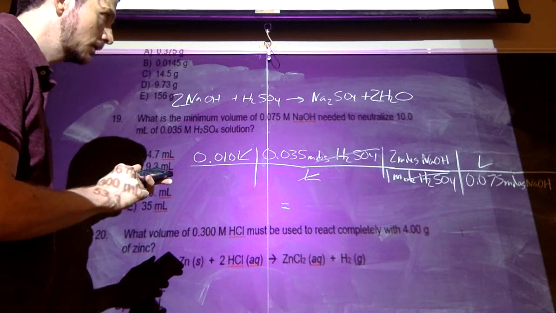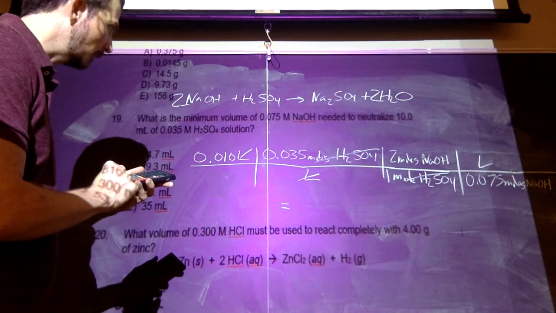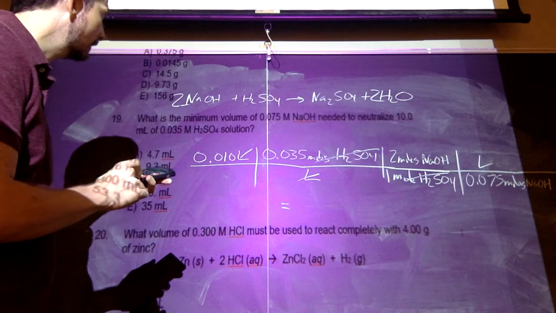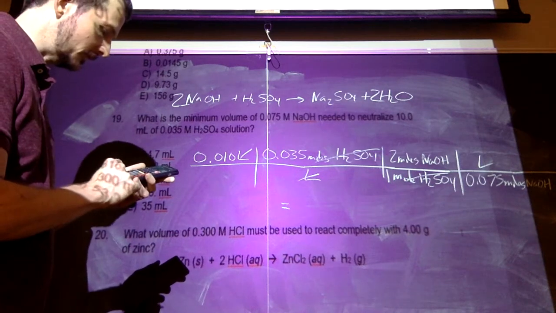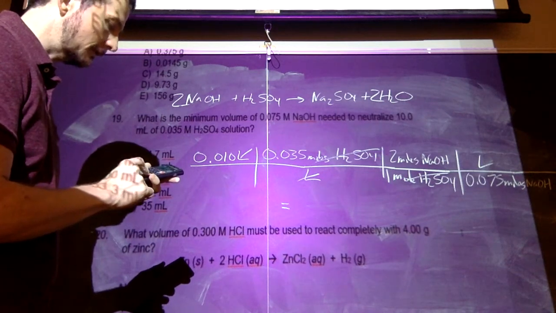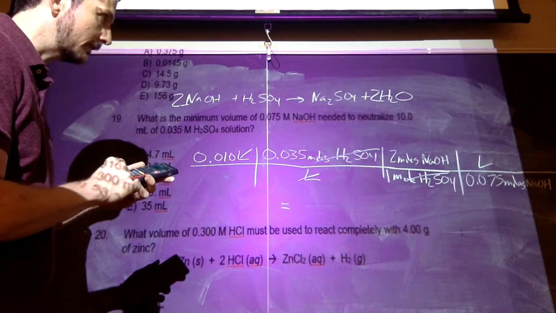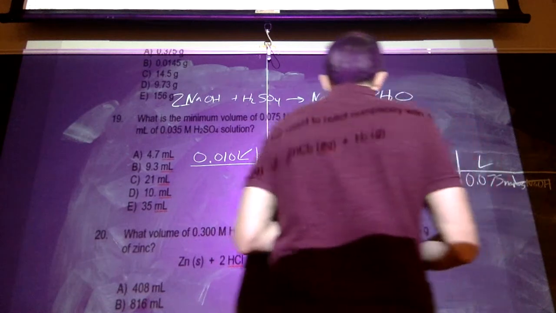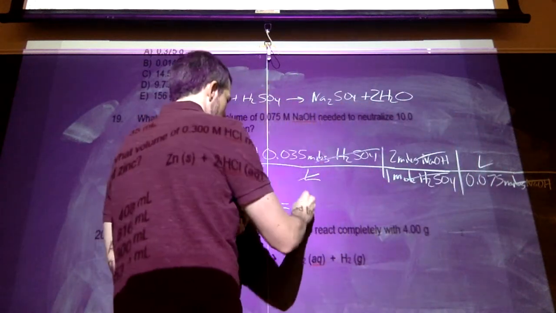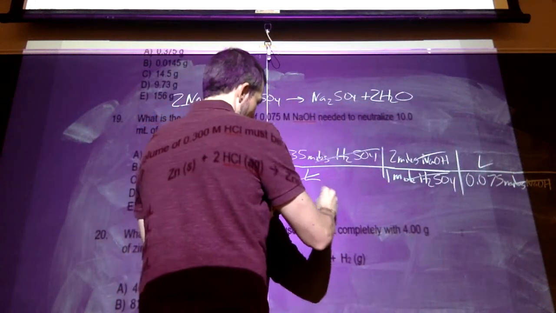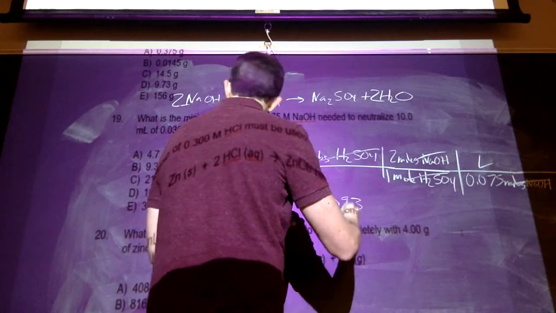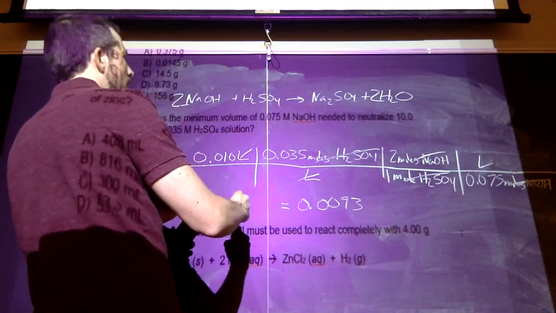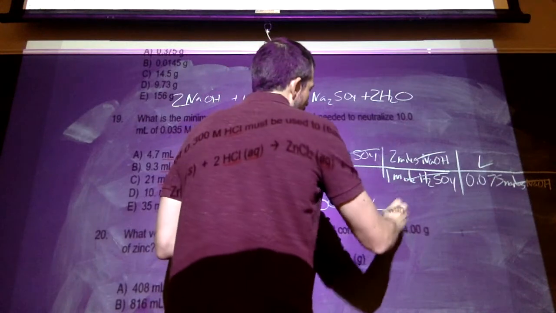0.01 times 0.035 times 2 divided by 0.075. So 2 significant figures.